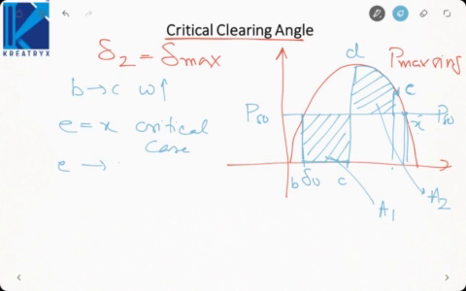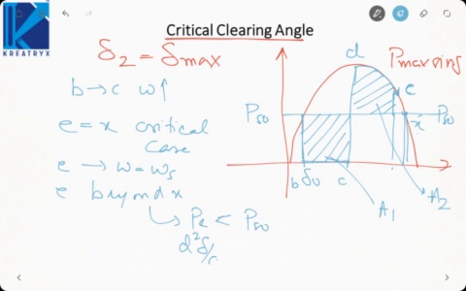Now the critical case for stability will be when this point E is identical to point, let us say, X. When E becomes equal to X, that is my critical case, because E is a point where speed becomes equal to omega s. If E is lying beyond X, then what will happen? Beyond X, electrical power goes less than shaft power. So d square delta by dt square will be greater than 0. So speed will increase. That is, if speed does not go to synchronous speed up to point X, then beyond that it will increase further and it can never reach synchronous speed. So system will lose the synchronism.